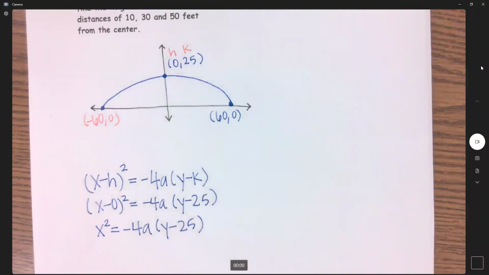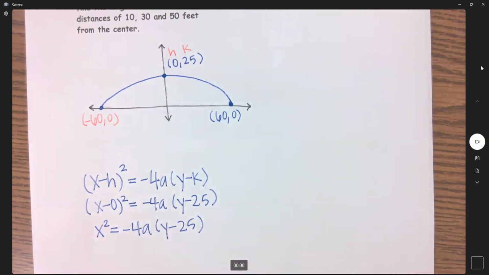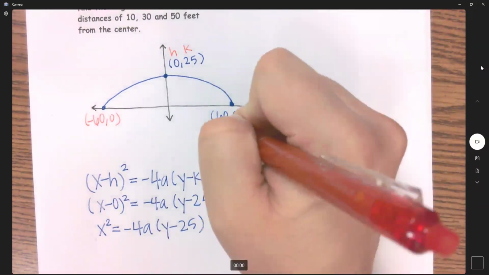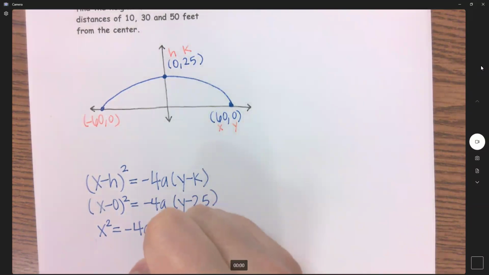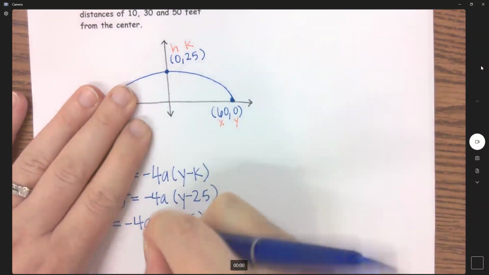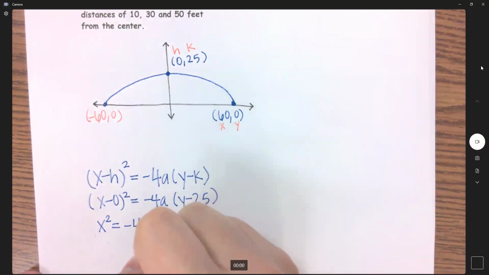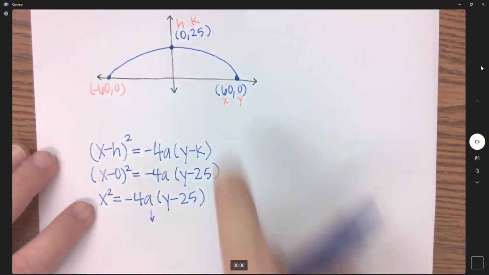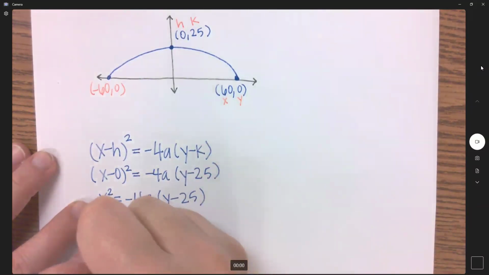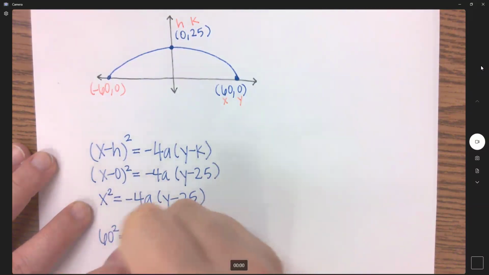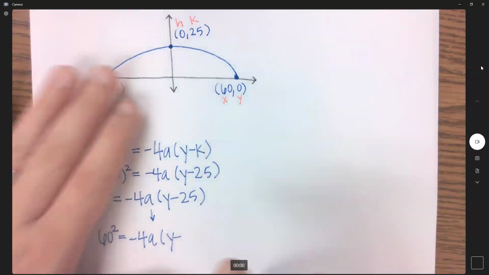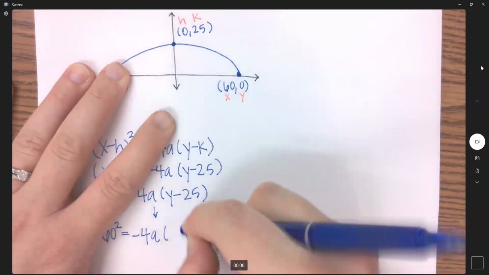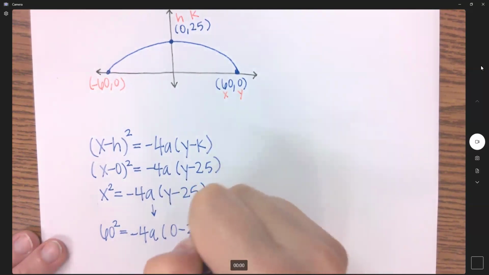Here I have 2 ordered pairs that I know. Pick one of them, doesn't matter which. If I go all positives, here's my x and here's my y. So from here, I have x squared, so 60 squared, equals negative 4a, y, which is 0, minus 25.